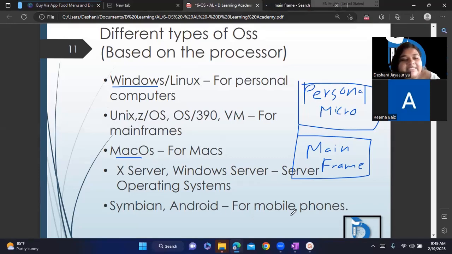For mobile phones, you have Symbian, Android, iOS. These all come under micro devices. Mobile devices, laptops and desktops come under here.